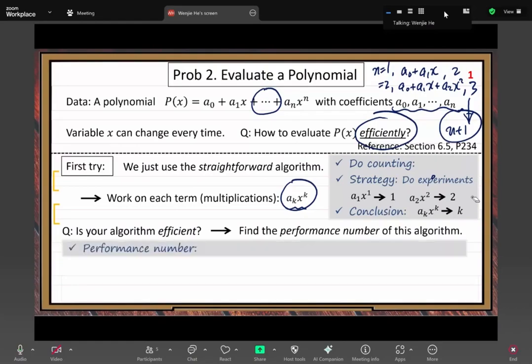But what number is appropriate for efficiency measurement? What number can tell us if an algorithm is efficient or not?